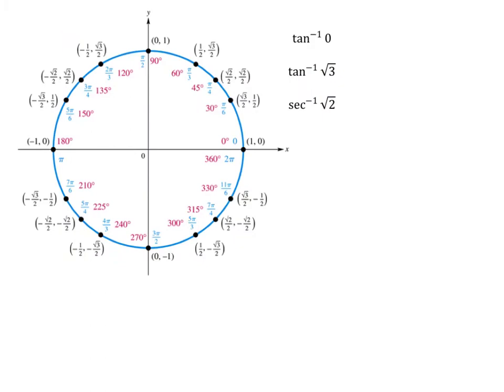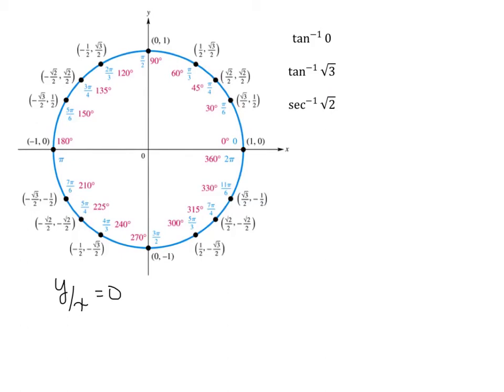Remember that tangent is y over x, and secant in this case is going to be 1 over x. So the inverse tangent of 0. I'm looking for a y over x value to be equal to 0, and I need it to occur somewhere from negative pi over 2 to positive pi over 2.